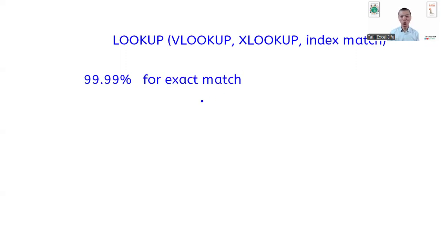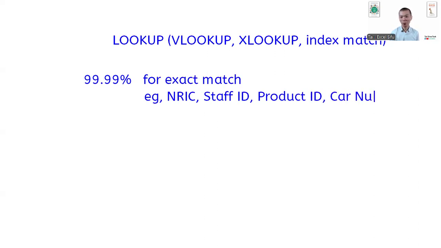For example, what does exact match mean? IC number, NRIC, staff ID, maybe product ID, maybe car number, and so on. That means there is no duplication. They are exact things. Something they are not aware of, only about 0.01% know how to use this one.